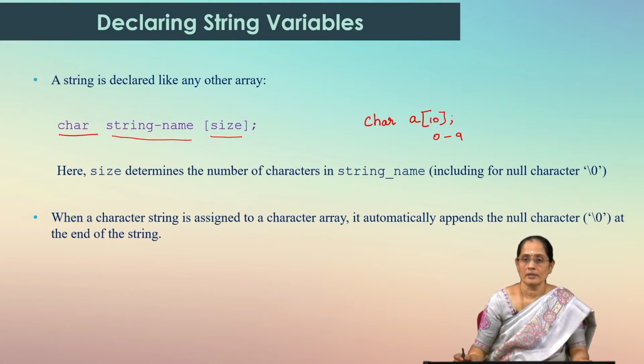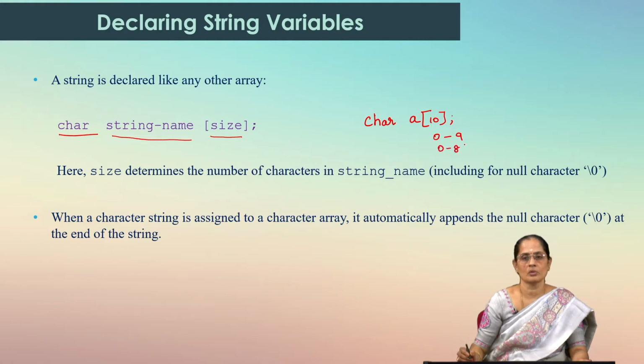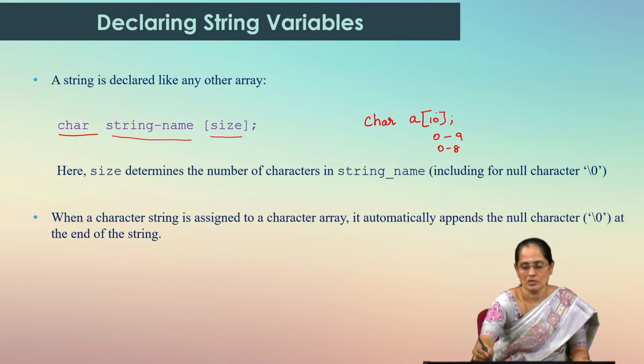How many characters we can store in this array will be one less than the size, because the final element has to be allocated for the null character. So, we will be able to store characters in locations 0 to 8, which means we can store 9 characters if we declare the character array size to be 10.